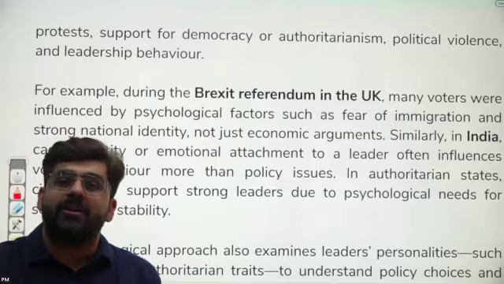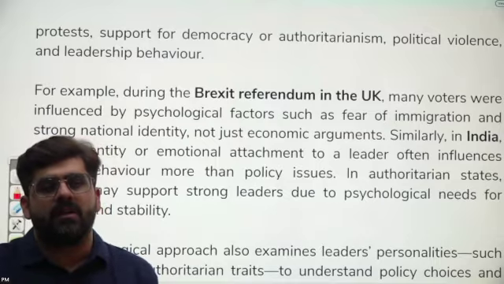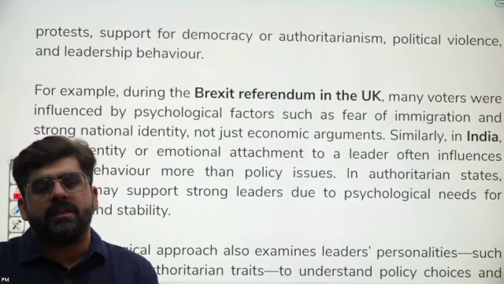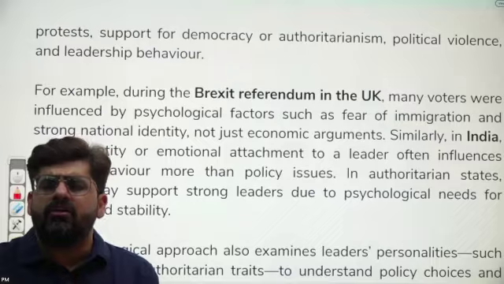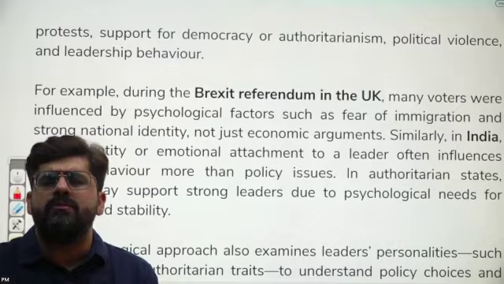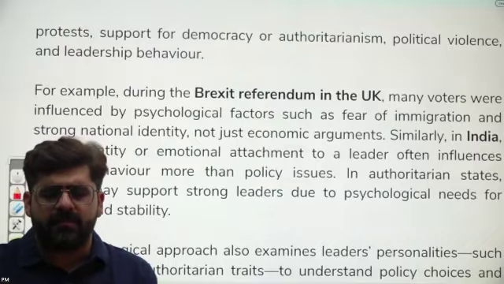Now, where is political psychology approach here? The tendency or the understanding of people to leave European Union was based on some psychological factors.